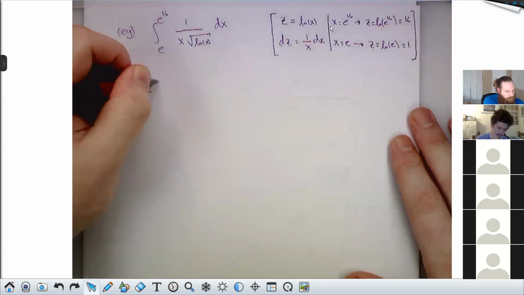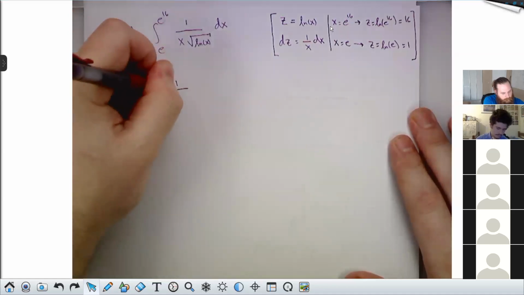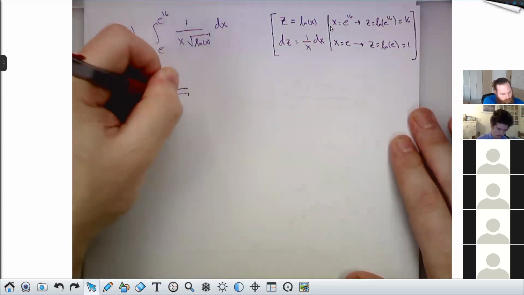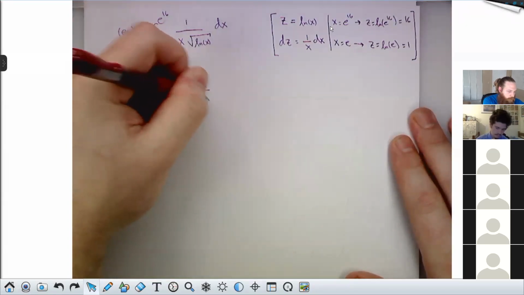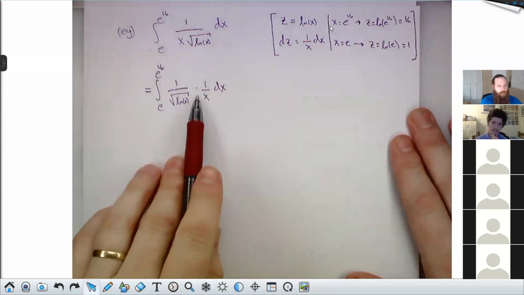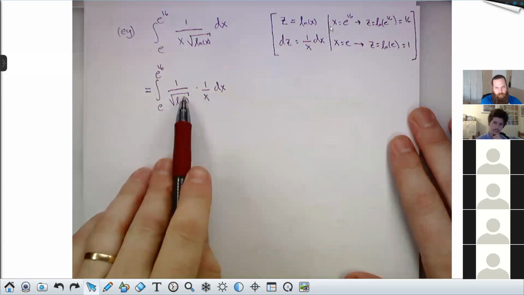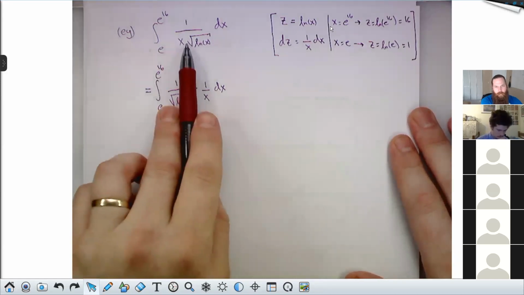Which means my new integral, well, first I'll rewrite this in a way that helps us see what to do with the differential a little more carefully. So I've got my 1 over the square root of the natural log of x. And then this other x downstairs, I'm going to peel that off and write that as 1 over x dx like this. Again, this is kosher because fractions multiply straight across. x times square root log x is my original denominator.